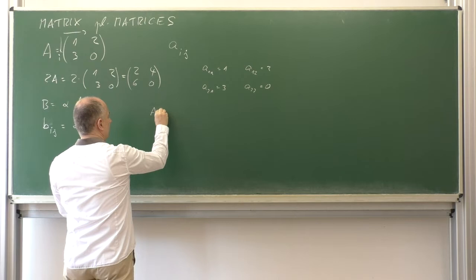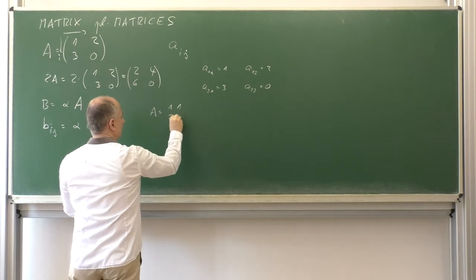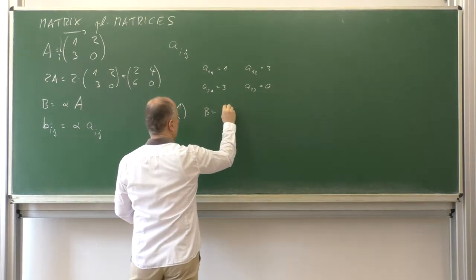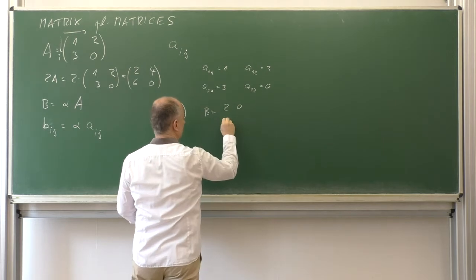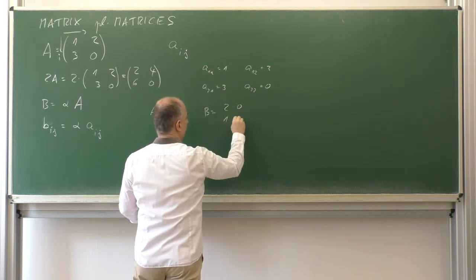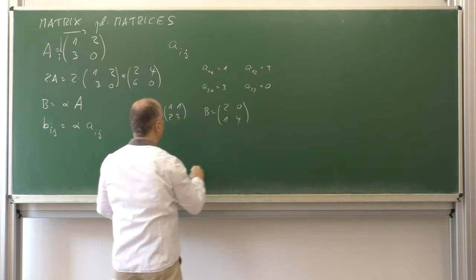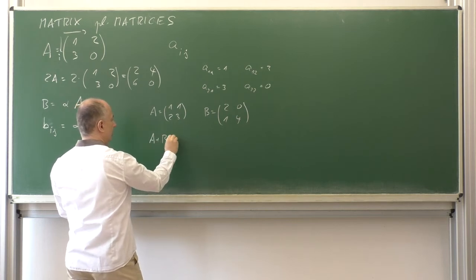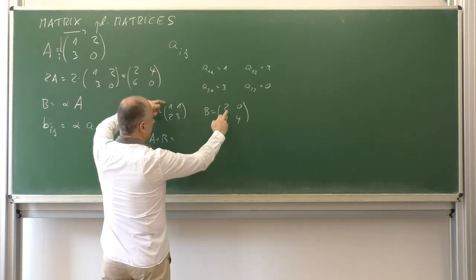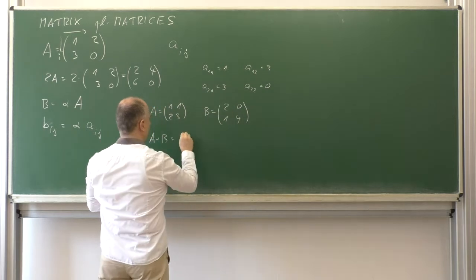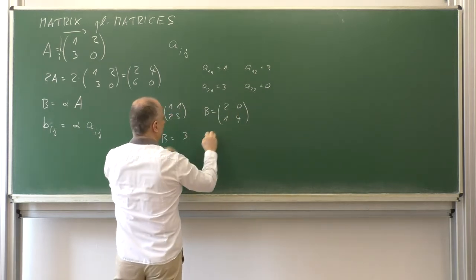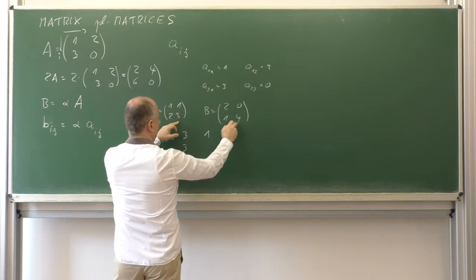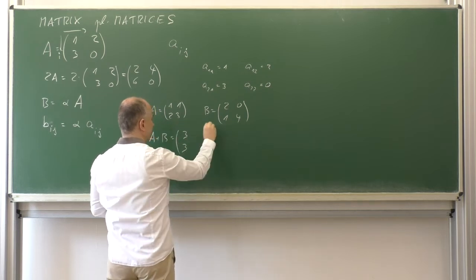If we have, say, matrix A, 1, 1, 2, 3, and we have the matrix B, say 2, 0, 1, 4, we can build the sum A plus B, and this is component-wise. 1 plus 2 is 3, 1 plus 0 is 1, 2 plus 1 is 3, and 3 plus 4 is 7.